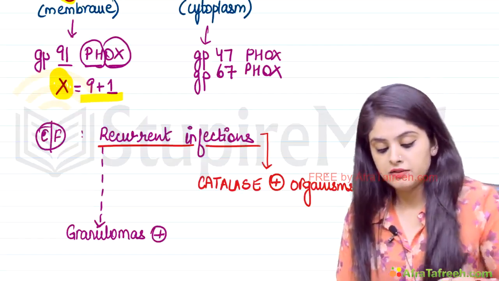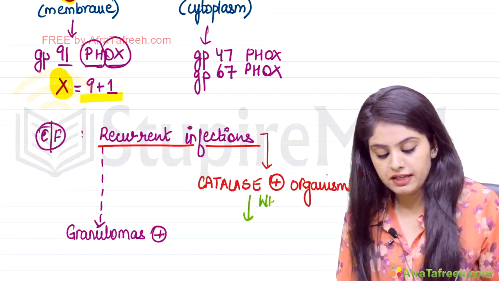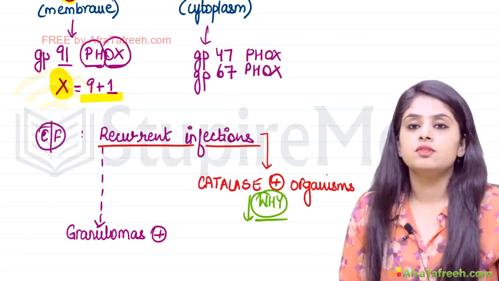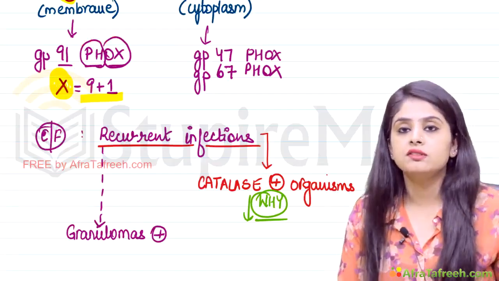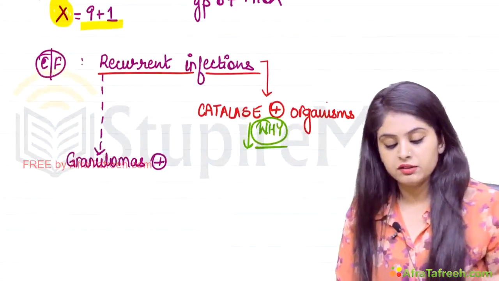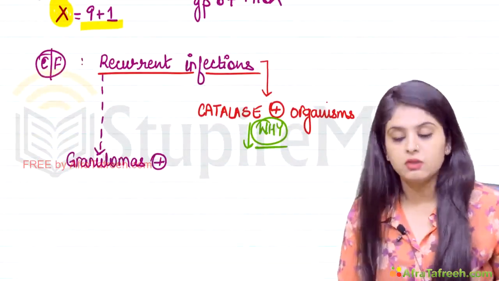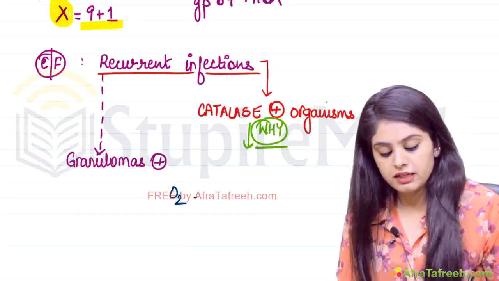Again, we can't leave anything without knowing why. You need to know the reason. Why is it having infections with catalase positive organisms only? Example, Staphylococcus. That is because I want you to now recall what was happening in phagocytosis. Oxygen was getting converted into superoxide.